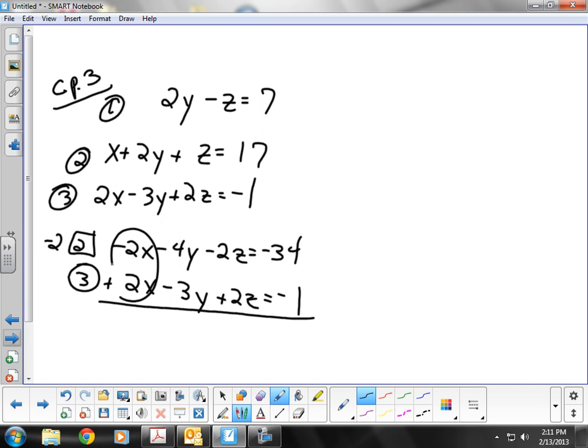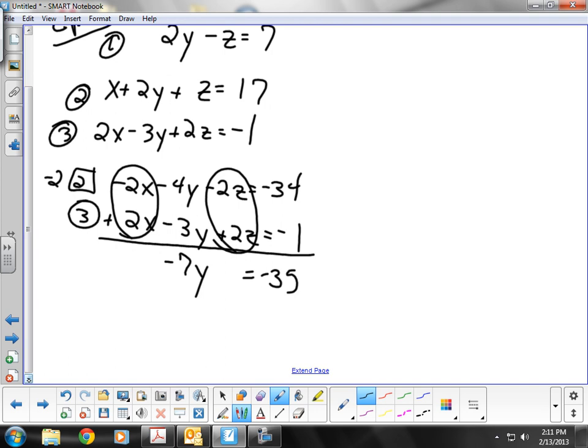Okay, so we got rid of the x. Y gives me negative 7y. The z's went away too, and that's equal to negative 35. So y is equal to positive 5. Since I didn't get a y and a z, at this point I can just start working backwards and plugging stuff in.